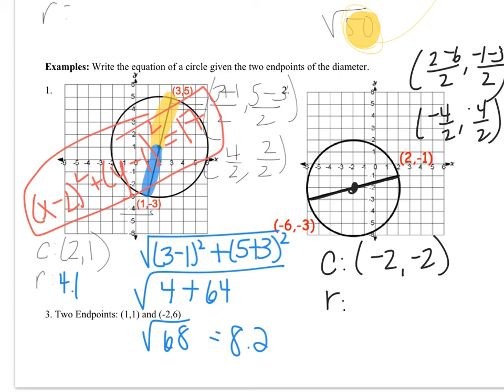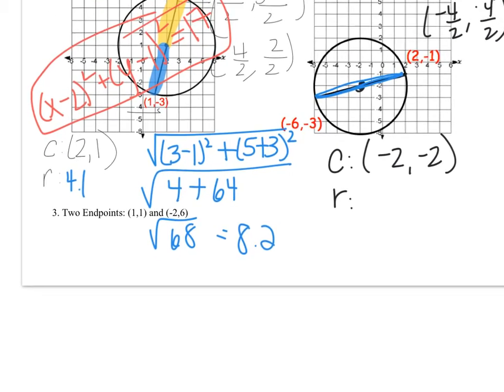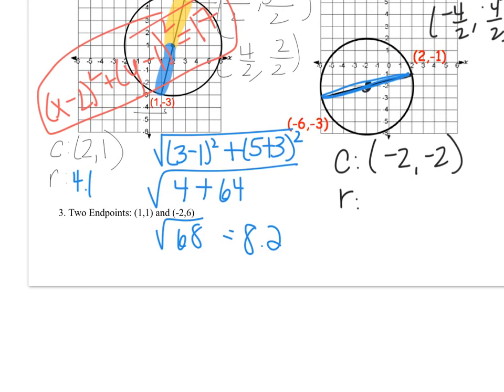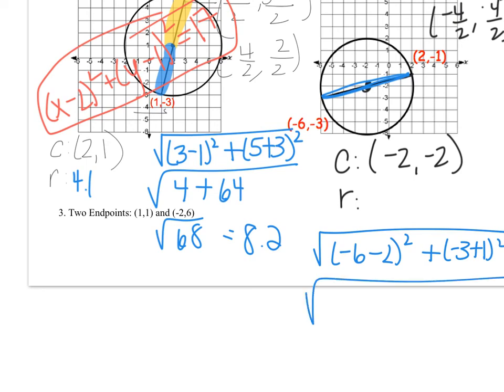So now I got to find the distance. Do the distance in blue again. If I find the distance of my whole diameter, I'm then going to have to divide it by 2. So let me scroll just a little bit so we can see it. So square root of (negative 6 minus 2) squared plus (negative 3 plus 1) squared. So I have 64 plus 4. Really? Is that really going to be the same answer? Let me double check and make sure I did not mess up anywhere.